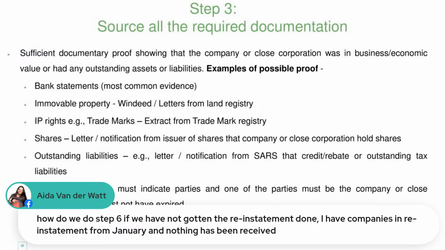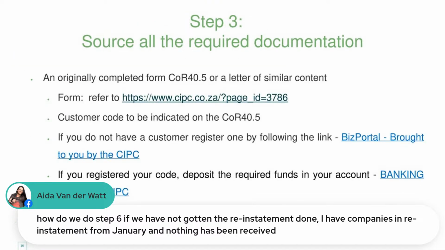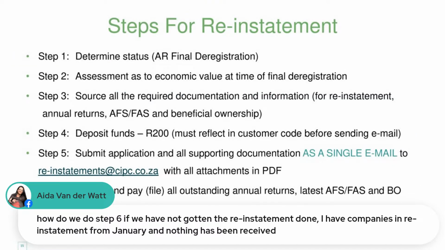Thank you very much, Brenda. The next question: how do we do step 6 if we have not gotten the reinstatement done? I have companies in reinstatement from January and nothing has been received. Okay, let's go to step 6. File your outstanding annual returns, the latest AFS or FAS and BO.